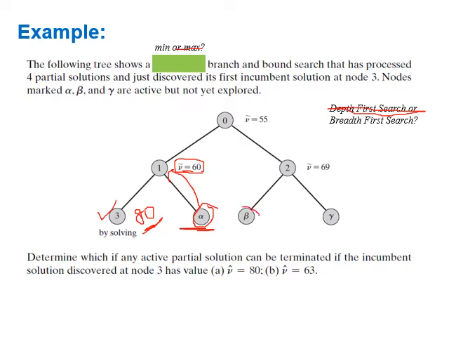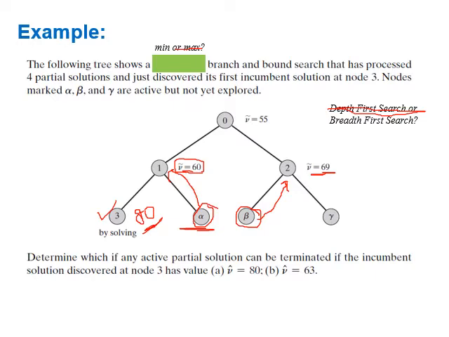What about beta? Again, we have a solution with 80 in our hand, and the question is, can this node provide a better solution than 80? In order to understand this, again, we will look at its parent, and its parent's objective function value is 69. It means that beta can provide a solution with 69, with 70, with 80.